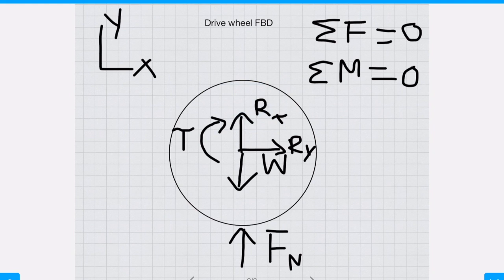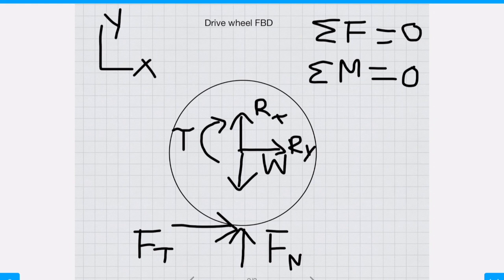So now what we have to consider is a force of traction. This force of traction is basically just countering the torque, and it is what is actually pushing this wheel forward and causing the OSV to move forward.